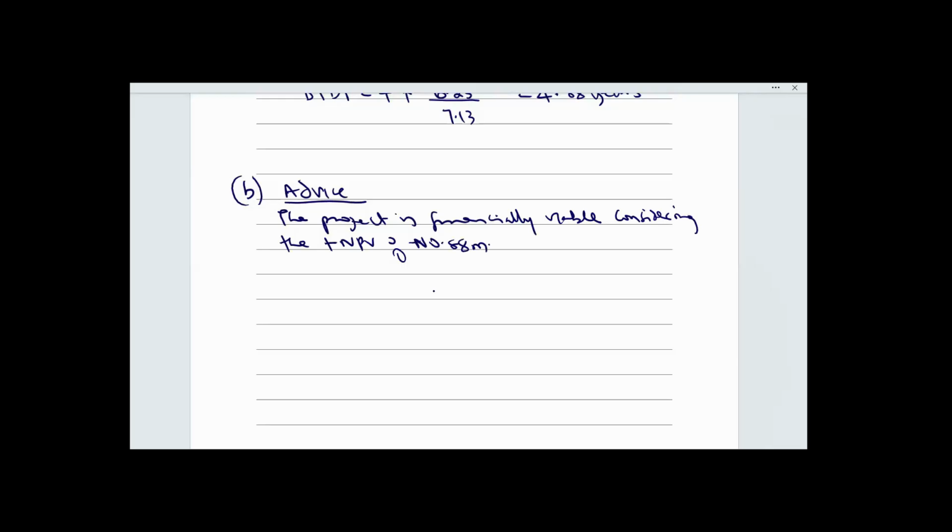Therefore, the project should be accepted. Therefore, the project should be undertaken or accepted. So that's that.